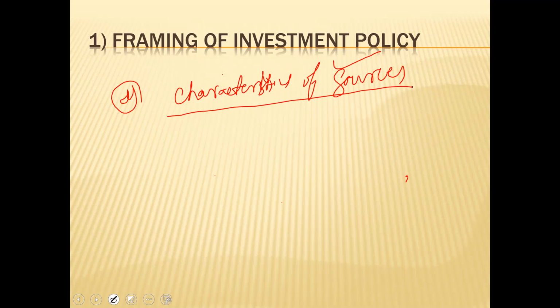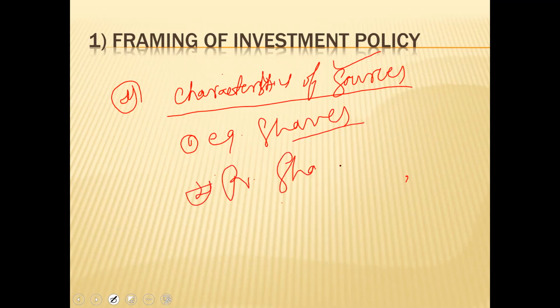Take for example, you are going to analyze the characteristics of equity shares, this is one source, then another one, preference shares. What about the characteristics of equity shares? They have voting rights, they get returns in the form of dividend, and this is a risky source. These are the attributes of various investment sources.